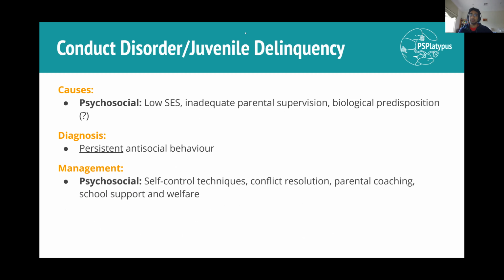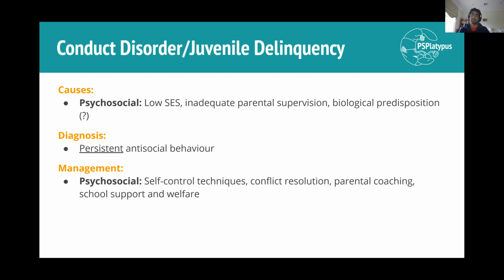Right, and the last major group is conduct disorders. This one's a lot more fuzzy. We don't really have a good biological cause for it. It's a very difficult one to disentangle from things like low socioeconomic status. But the overall diagnosis, the defining characteristic, is persistent antisocial behavior.